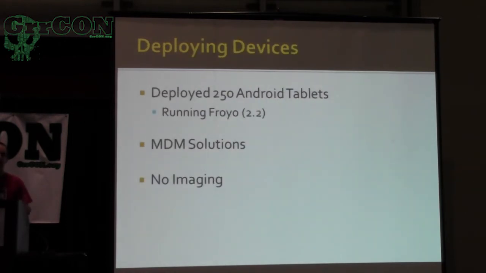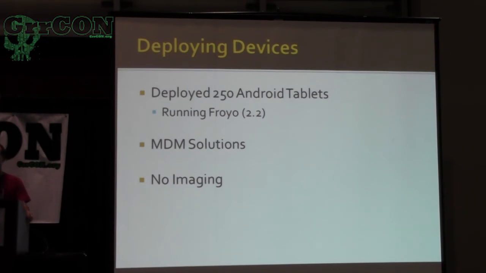Quick thing here, we had to deploy 250 Android tablets over the space of a month in order to accomplish the goal of transitioning from laptops. MDM solutions at the time sucked. The most you could do is put a policy on for passcodes and wiping the devices. Really not much else with Froyo. Froyo didn't have too many APIs. It's gotten better now. With ICS, you get encryption, and you can start to control applications on the device, which is pretty cool.